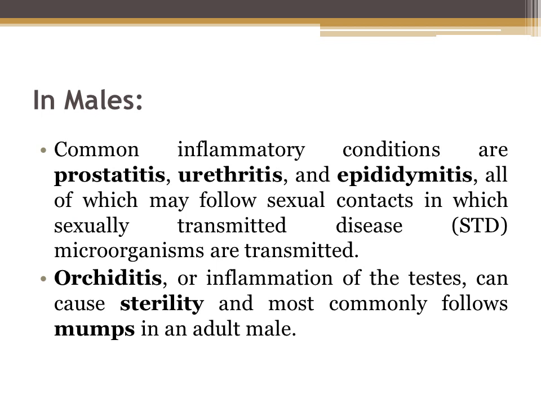Now let's go to the males. In males, common inflammatory conditions are prostatitis, urethritis, and epididymitis, all of which may follow sexual contacts in which sexually transmitted disease, STD, microorganisms are transmitted. So in males, if someone has contracted a sexually transmitted disease, he may have prostatitis.